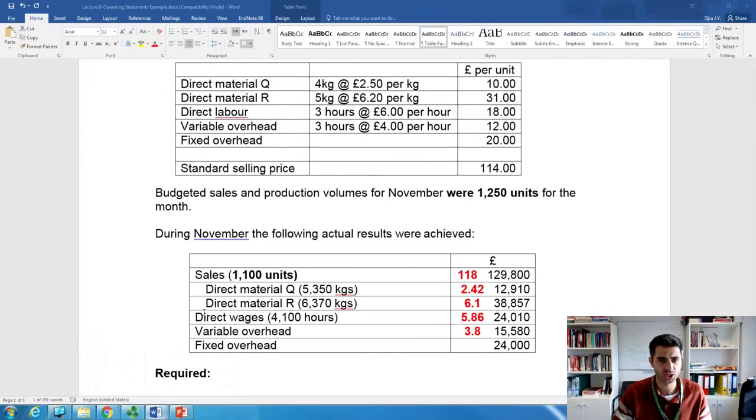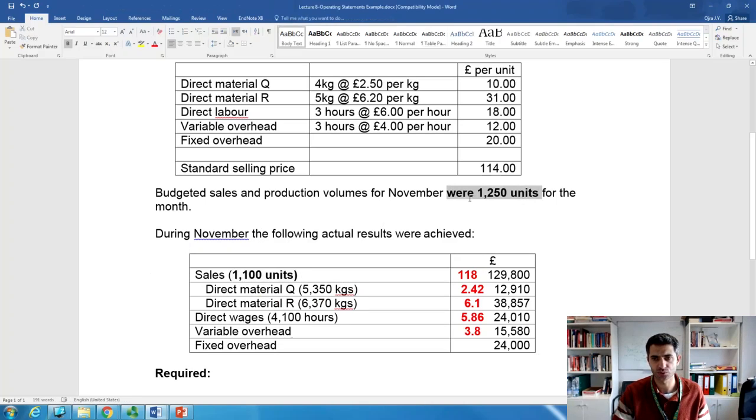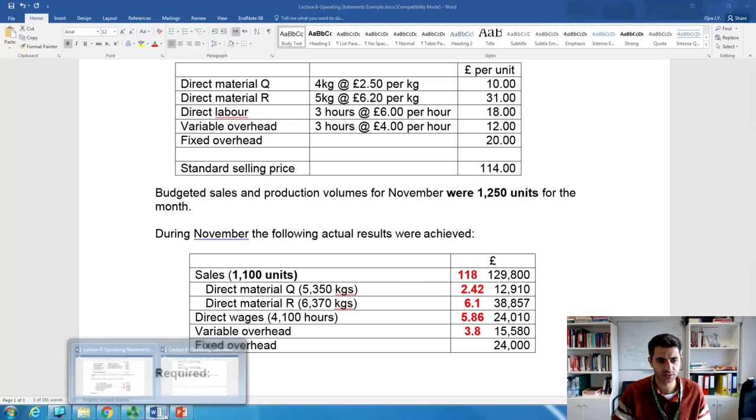Let's have a look at the question. The actual production units are 1,100 units minus 1,250 units, as you see.